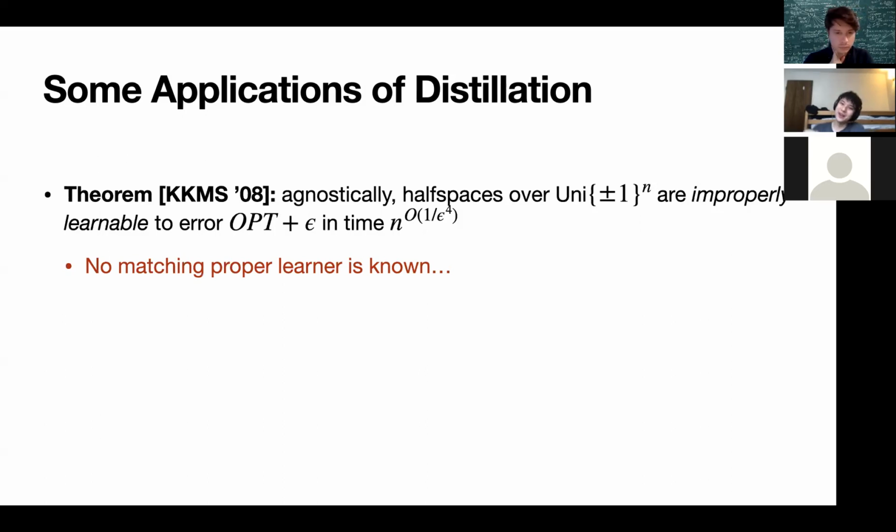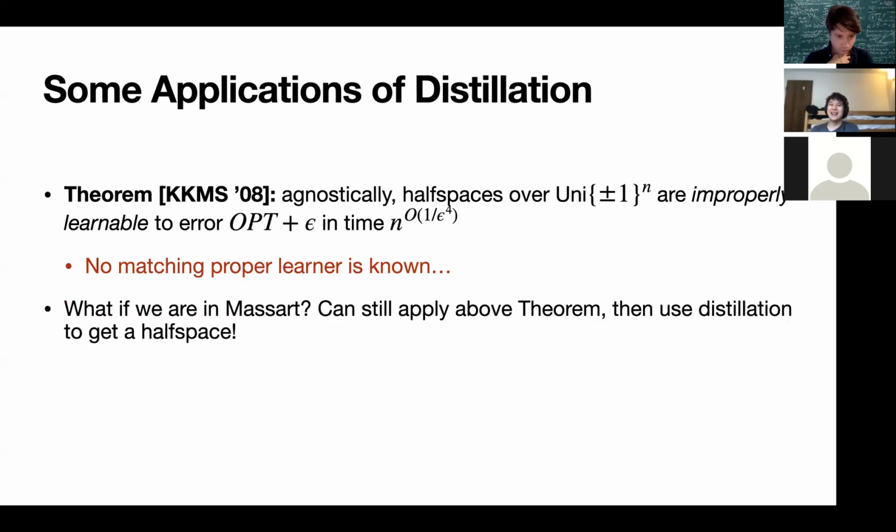But so far, no one knows how to make this proper. It's sort of an open problem. In particular, in the agnostic setting, we don't know any way to take this huge improper learner and convert it to a good proper learner, even though we know there is a good half space. But magically, if we're in Massart, we have this super big hammer, which is this distillation theorem.